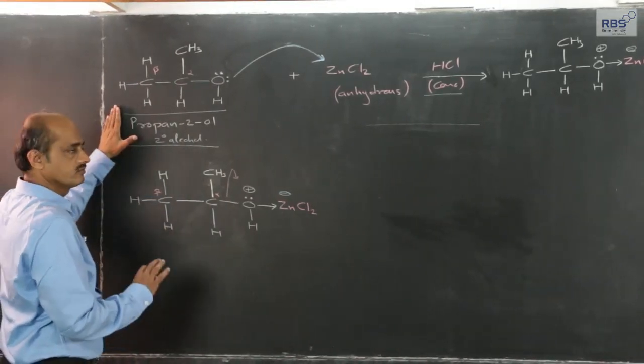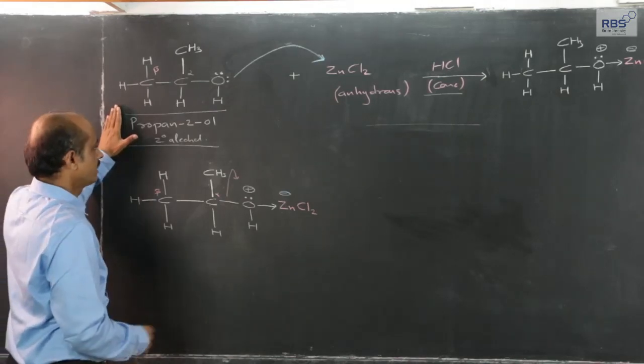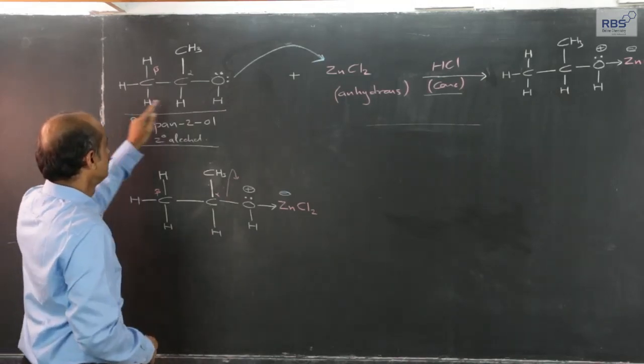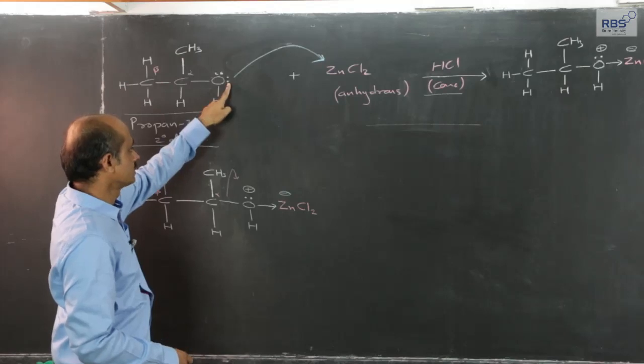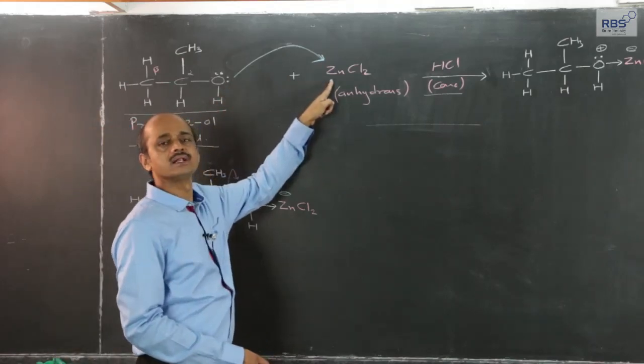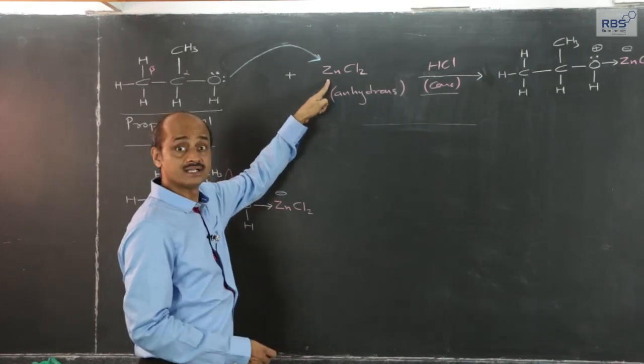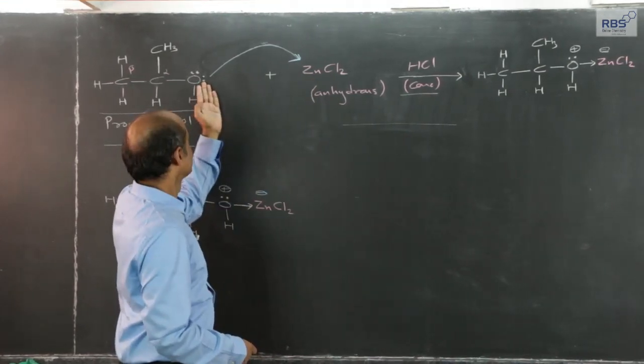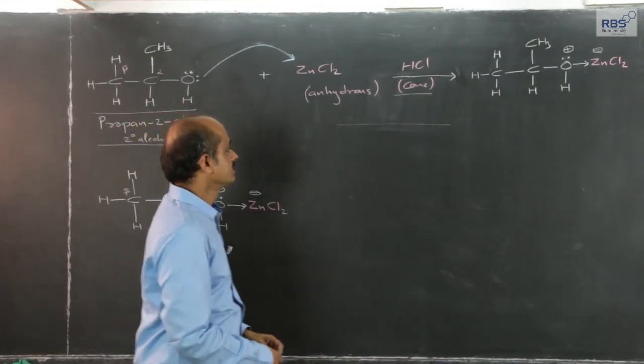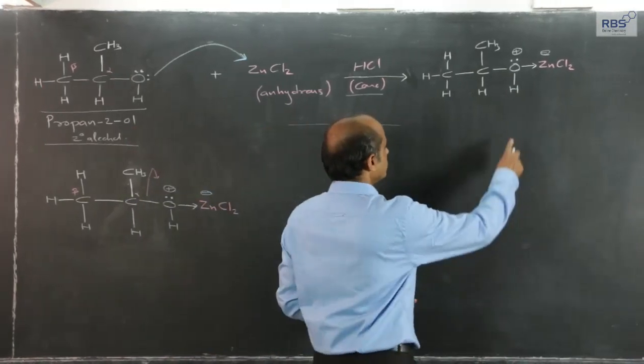The first step is very much similar to what we have considered earlier. The lone pair of electrons on oxygen and the empty orbital in the outermost shell of zinc in anhydrous ZnCl2. This lone pair becomes a shared pair, and therefore, what we get is this.